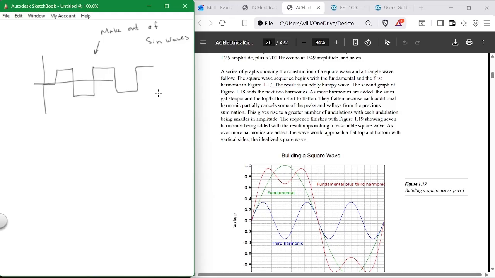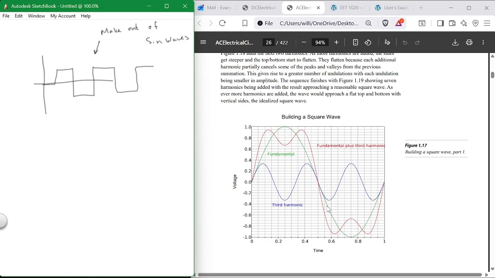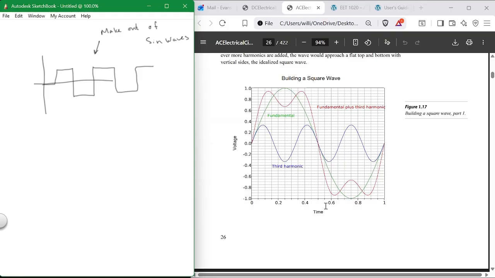I think they actually do this to make a square wave in a frequency generator or signal generator, but I'm not sure exactly how they make a square wave. I don't really care. I just know that you can do it.